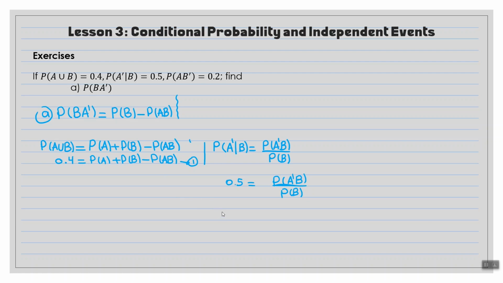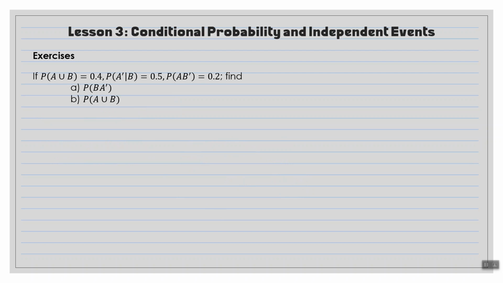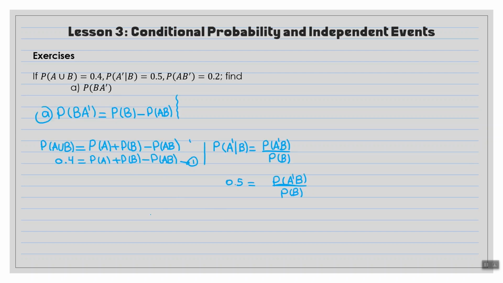So we can say that 0.5 equals the probability of the one without the dash, which is B, minus the probability of both of them, AB, all over the probability of B. Now, don't you dare cancel this with this. This is not possible at all. Why? Because there is a subtraction between them.